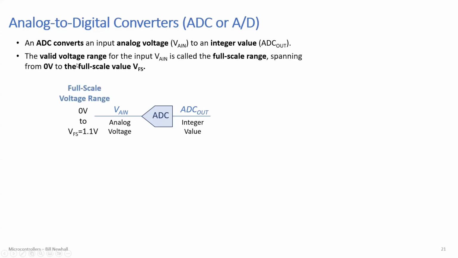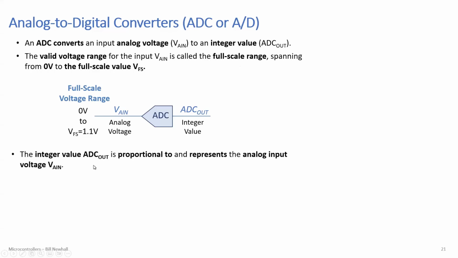And the valid range for the input voltage is called the full scale range. It usually spans from 0 volts to the full scale range of the ADC. So on the left, the voltage range that will work and give you proper values here would be 0 volts to 1.1 volts if you have a full scale range set for this ADC of 1.1 volts.